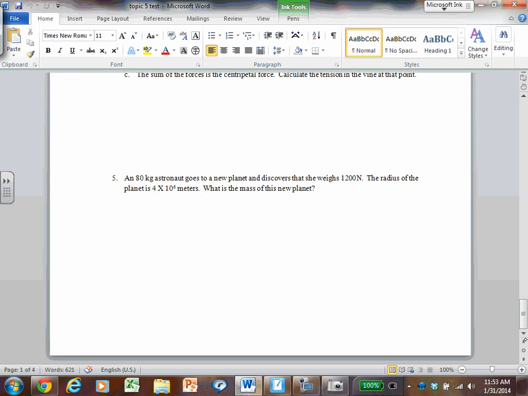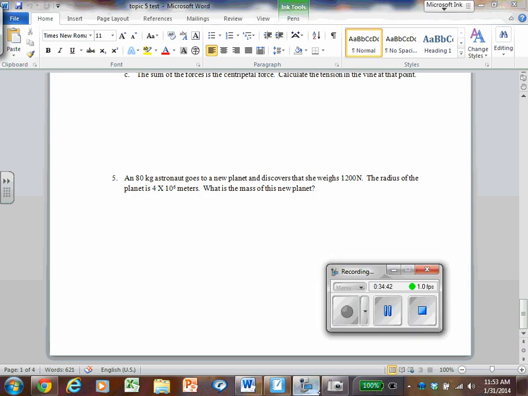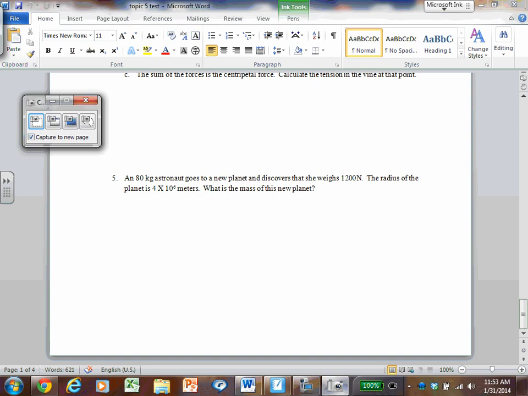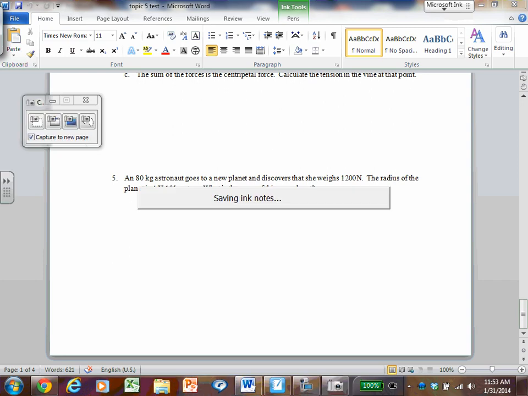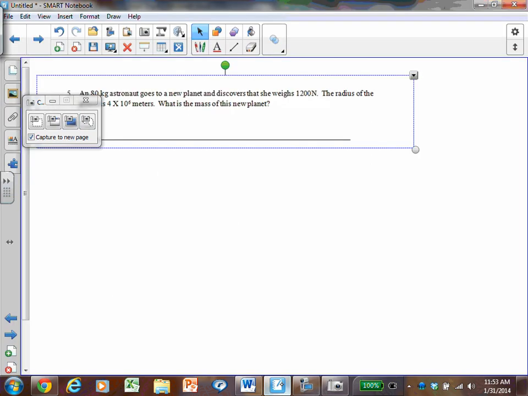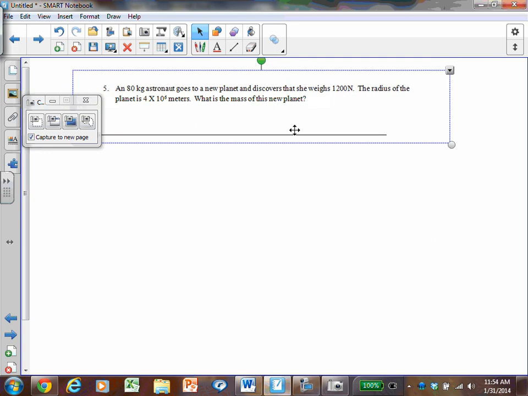One more. Write your corrections on a separate sheet of paper. By separate sheet of paper, I mean the back of a $20 bill.